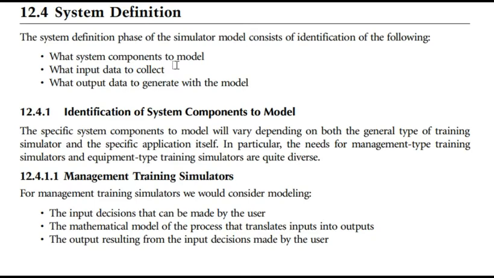So, when we say input data, yung mga information na ipapasok mo sa model mo. And third, what output data to generate with the model? Ibig sabihin, what is the expected data that will come out from the model? So, those are the three things that you should consider in identifying first when it comes to system definition.